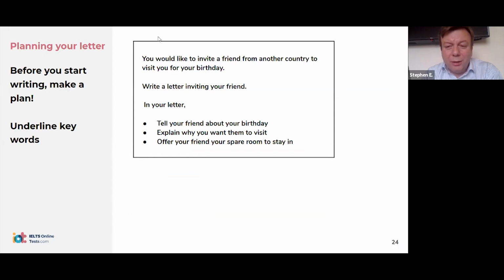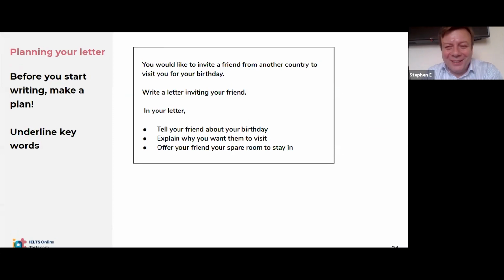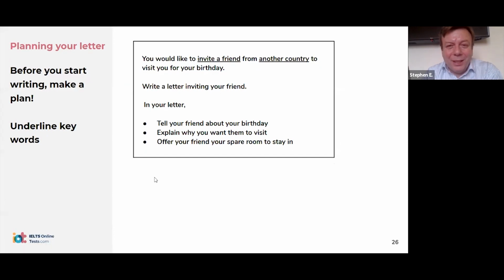Invite, yeah, good. Friend, yeah. Anything else? Something's missing. I don't think cake's mentioned, but good. Spare room. Okay, very good. So there you go. Invite friend, another country, visit, your birthday. Explain why you want them to visit, and then mention they've got a spare room to stay in.